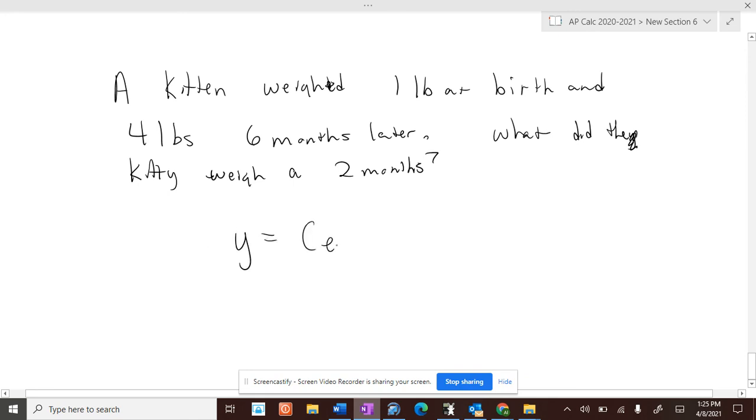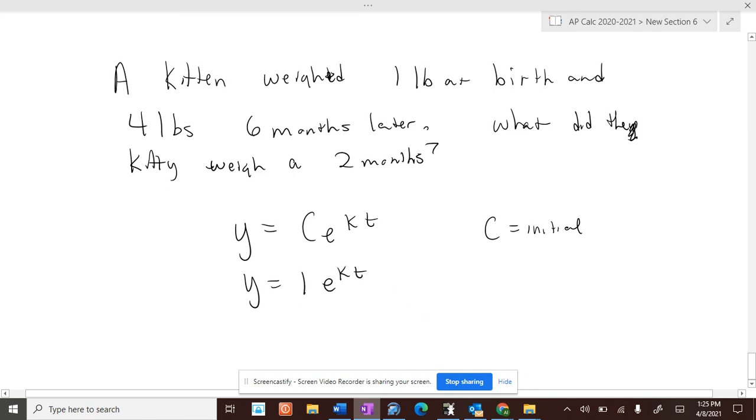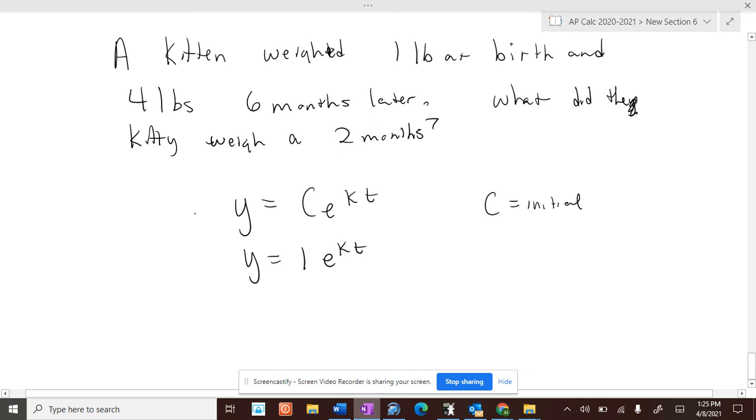Y equals C e to the kt. What is C? C is initial, right? So y equals 1 e to the kt. So then what else do we know? No, that's not 41 pounds. It's 4 pounds. 4 equals e to the k times 6.